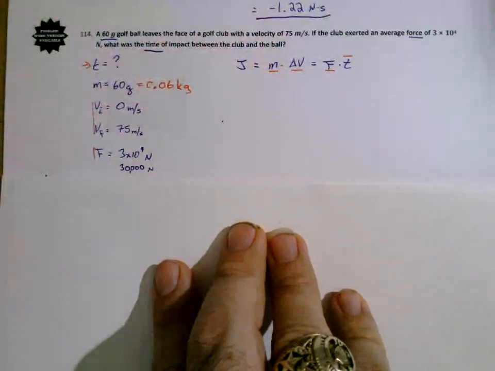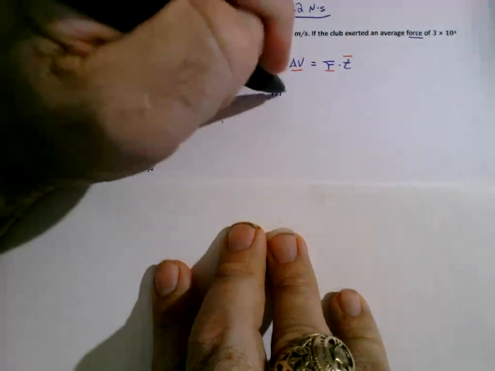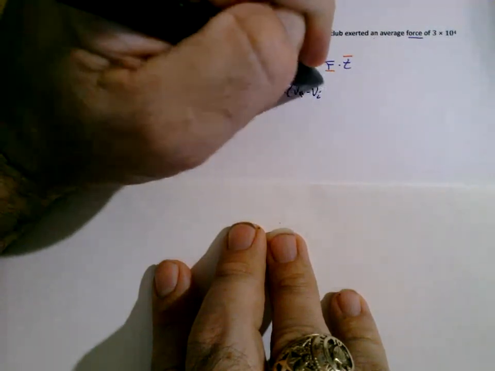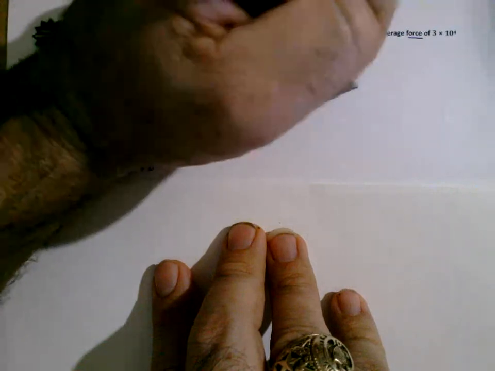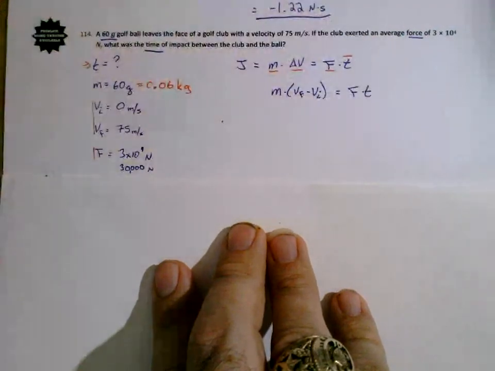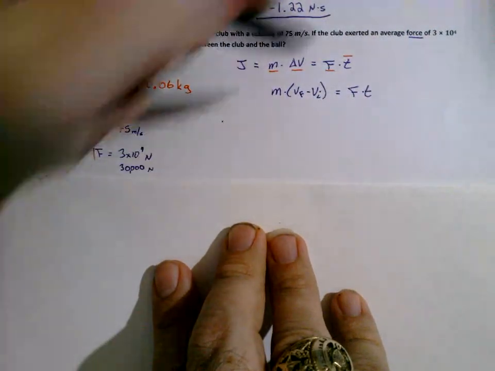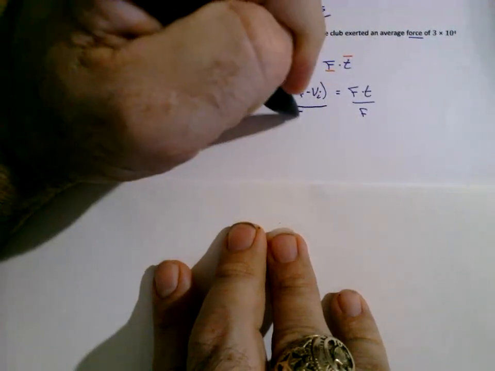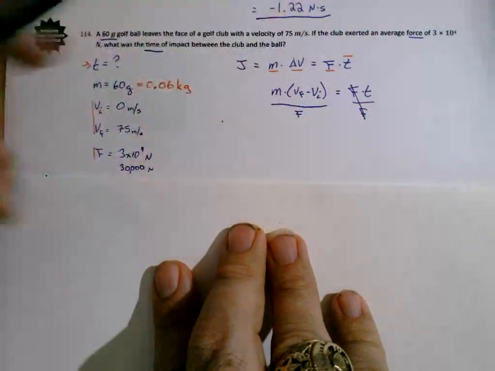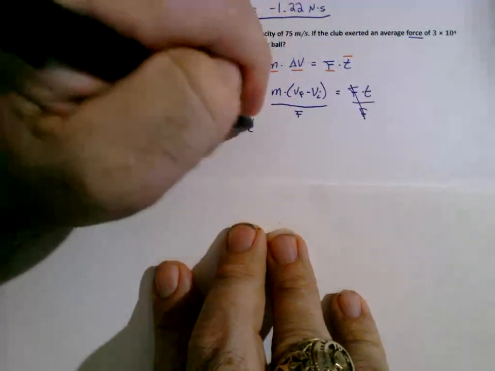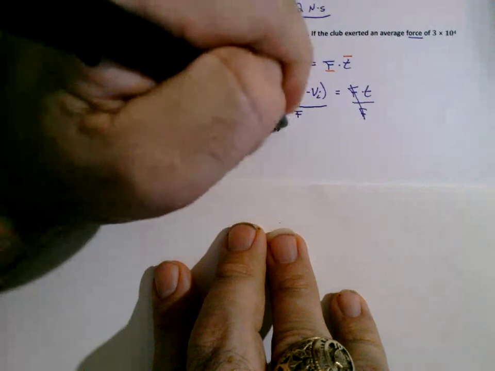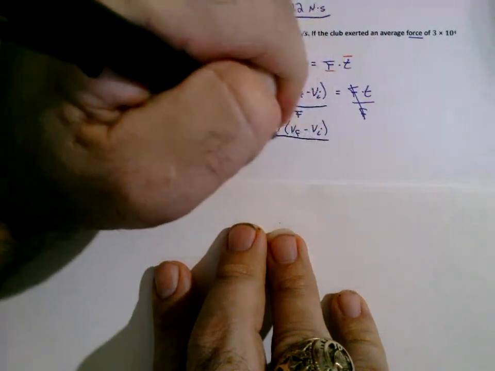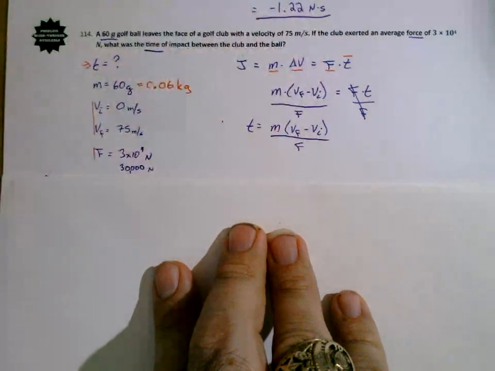So that's really all we need right there. Mass times final minus initial velocity equals force multiplied by time. Now, since we're solving for time, we're going to go ahead and divide both sides by force, get rid of it over here on the right, and then our final equation is time equals mass times (VF minus VI) over force.